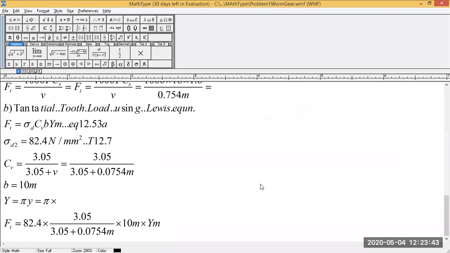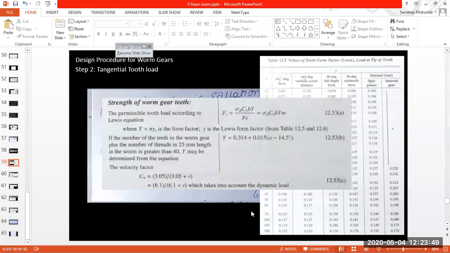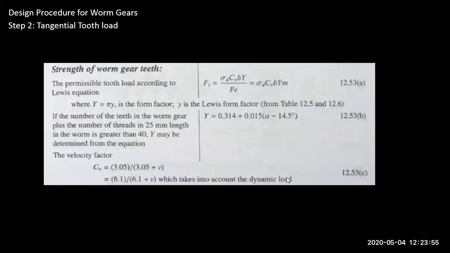The value here is 36. I think the number of teeth is 36. So depending on the value here, we need to take it from the respective formula here, y. Table 12.5, 12.6.